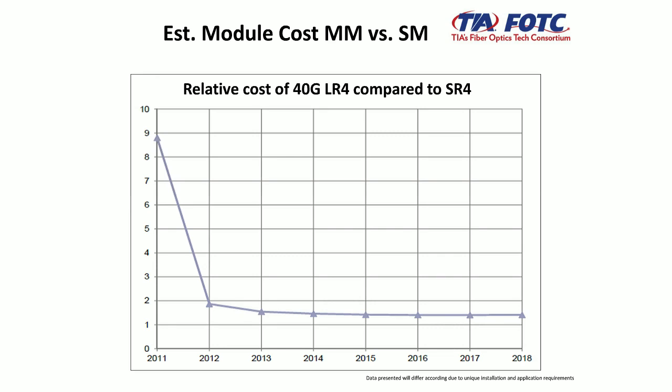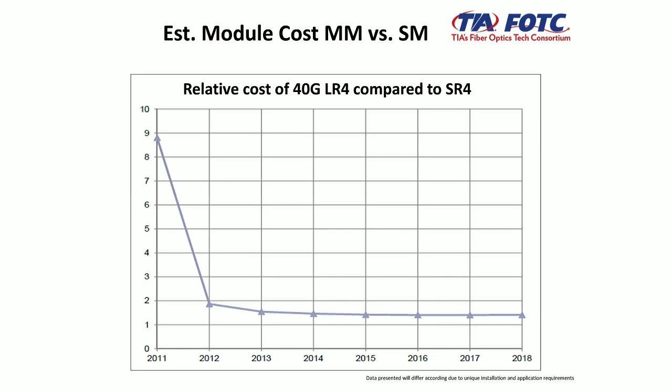So when the standard launched, 2010, 2011, the relative cost of a single mode transceiver, LR4, compared to an SR4 transceiver, so we're comparing 4 wavelengths, LR4, versus 4 lanes of multimode, SR4, was several times the cost. The single mode was several times the cost of the multimode.